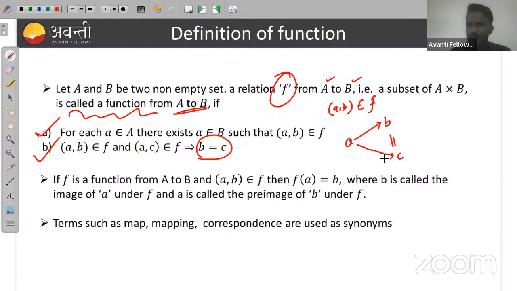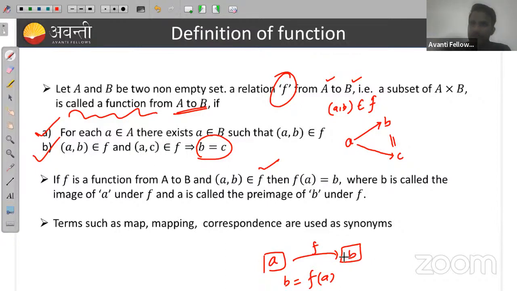Okay, it's simple. So the next point: if F is a function from A to B, then (a, b) belongs to F, as you know, and F of a is b. We read it as F of a is equal to b, where b is called the image of a under F. This is a, and under F it reached b. So we write it as F of a. It means F took a to b.